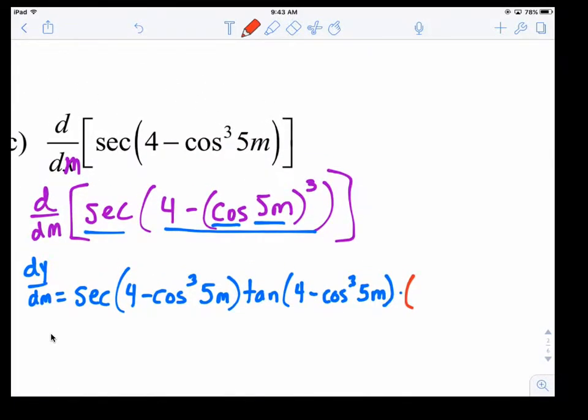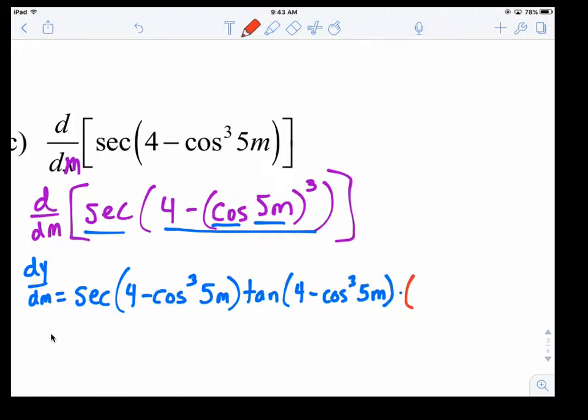We just did the first part, the secant part. That's straight taking the derivative of secant, no rule. Now we have to work on the inside part. We're using chain rule, taking the derivative of 4 minus cosine 5m cubed.